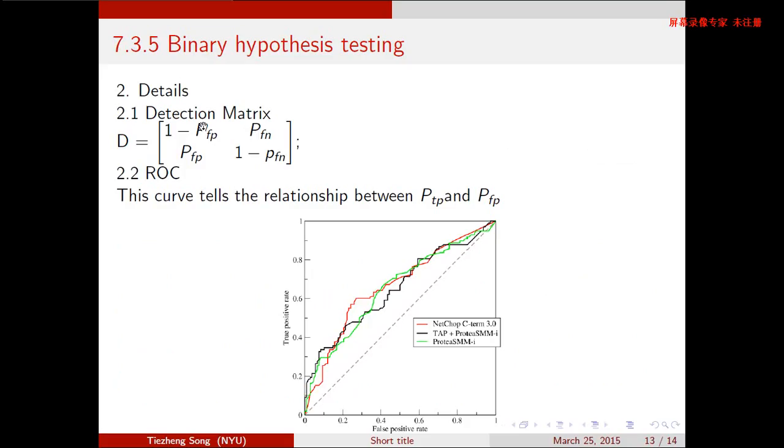So PFP means the false positive, which is we assume something to happen, but it doesn't. So PFM means the false negative, which is we assume an event doesn't happen, but it happens.